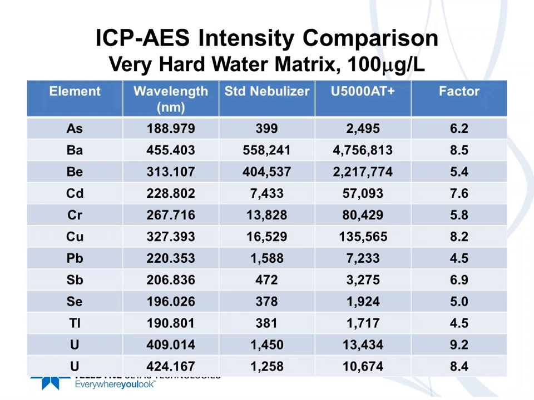One of the things we first wanted to do was to compare the ICP emission intensity in this matrix for one of the standards. We chose the 100 ppb standard, comparing the signal from the standard nebulizer, a glass concentric nebulizer, and the ultrasonic nebulizer, and looking at the factor.